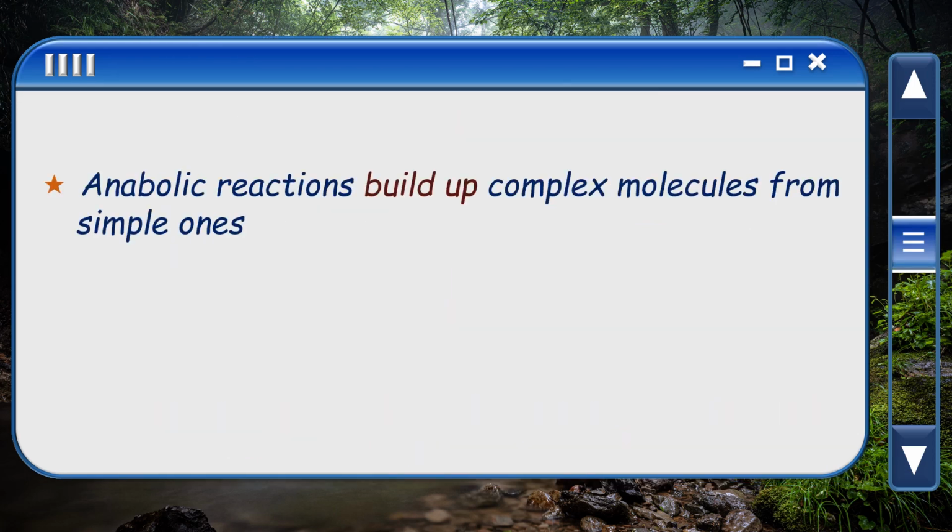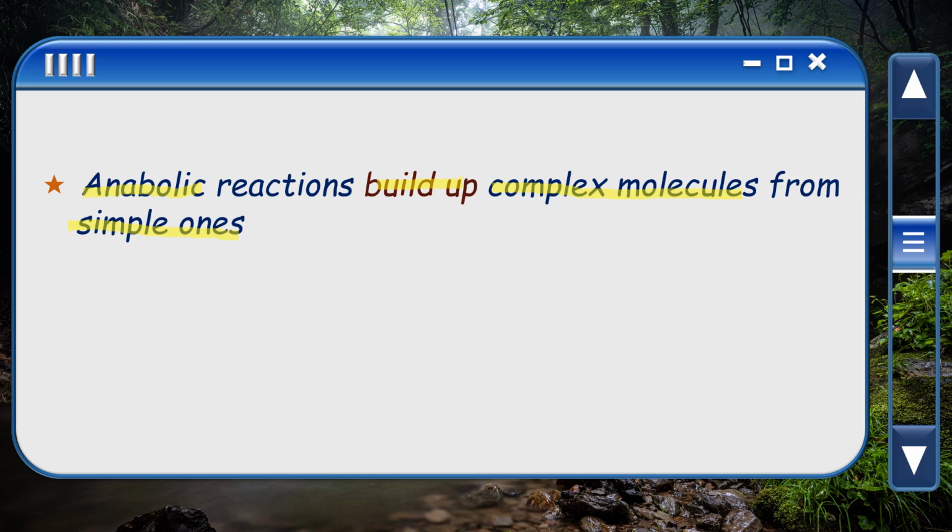Anabolic reactions build up complex molecules from simple ones. So when we get a complex molecule coming from a simpler molecule, that one we are building up, and that is an anabolic reaction. We gave an example of proteins.